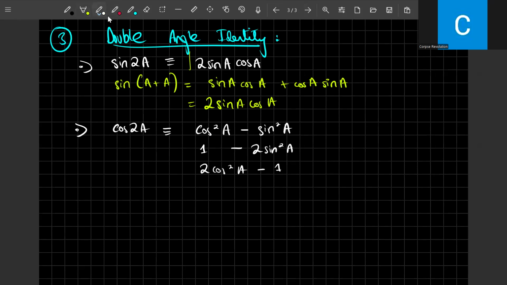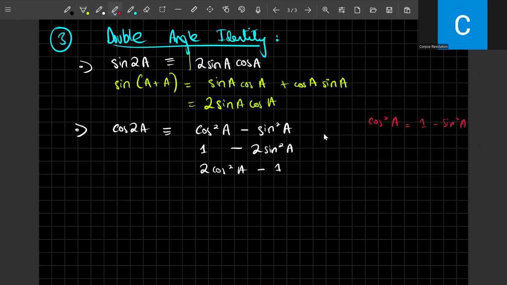So you have to learn this as well. All three of these lines are equivalent to this, because if you expand cos square a, since sine square plus cos square is equal to 1, you get 1 minus sine square a.